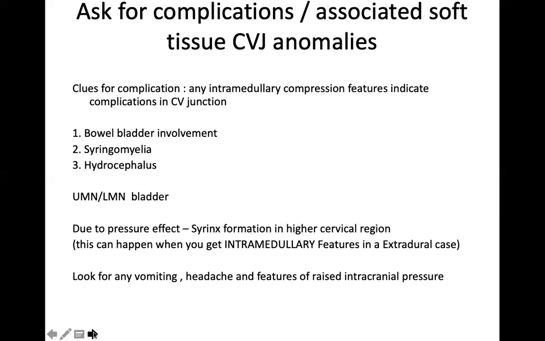You should know all types of bladder, because bladder is a difficult concept to understand unless you read it frequently, and you should be able to correlate your bladder findings with the pathology you have. So again, in a CV junction, usually it's an upper motor neuron bladder, so you should know all the features of an upper motor neuron bladder. And if it's a conus cauda type of picture, then it can be a lower motor neuron bladder, which you should also know. And again, syrinx we already discussed, and raised ICP also.